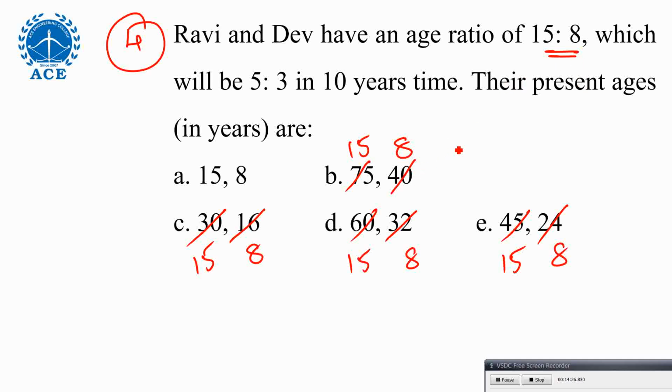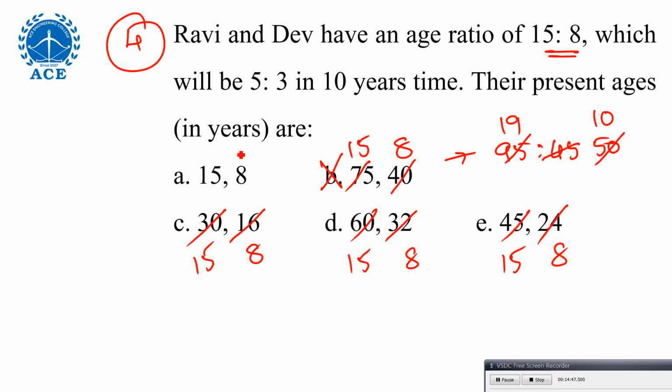But adding 10 to that, it should generate 5:3. If you add 10, it is 95 and 50, which will be 5 times 19, 5 times 10. The ratio should be 5:3. It's not satisfied.